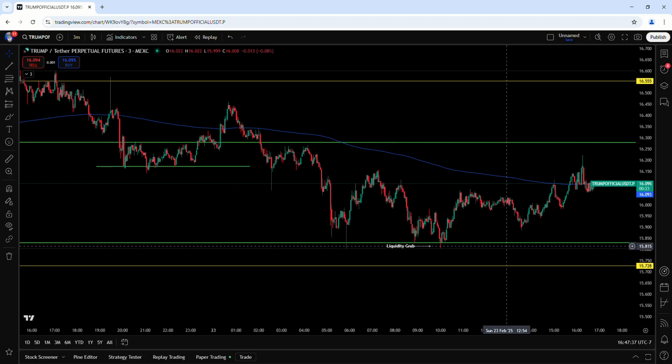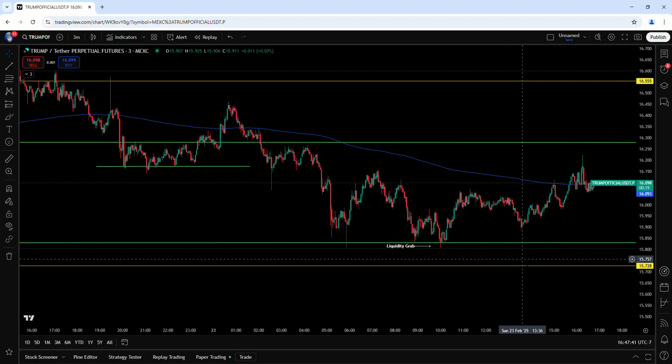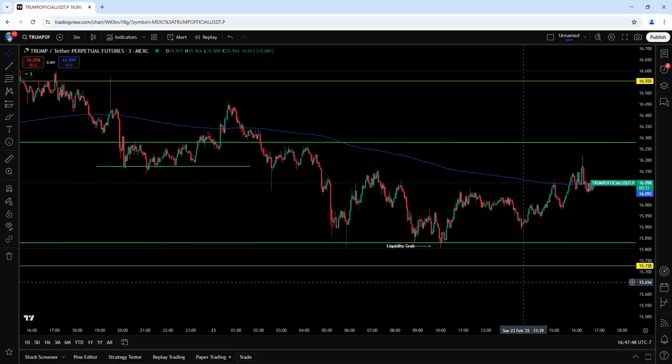What we're going to get into today is we're going to go over the liquidity grab again, just so everybody understands how important this one method is in conjunction with pretty much everything else.